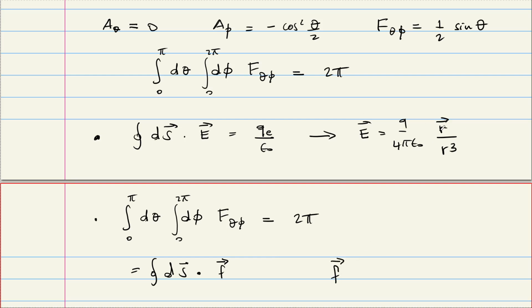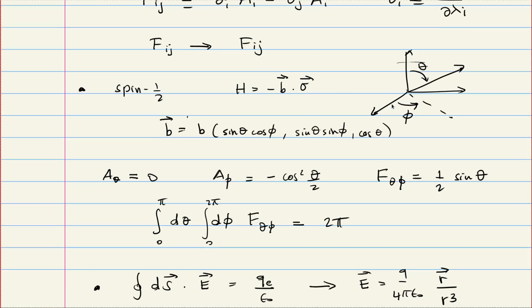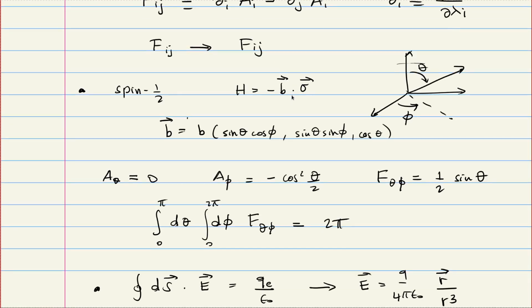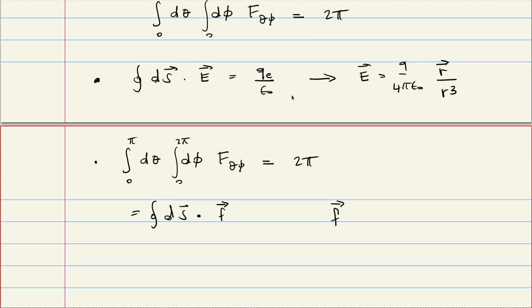So this is in the real space R. This is in the B space, right? B is the parameter. Therefore, the electric field becomes a magnetic field in the form like this: B over B cube. And we call this a magnetic monopole.